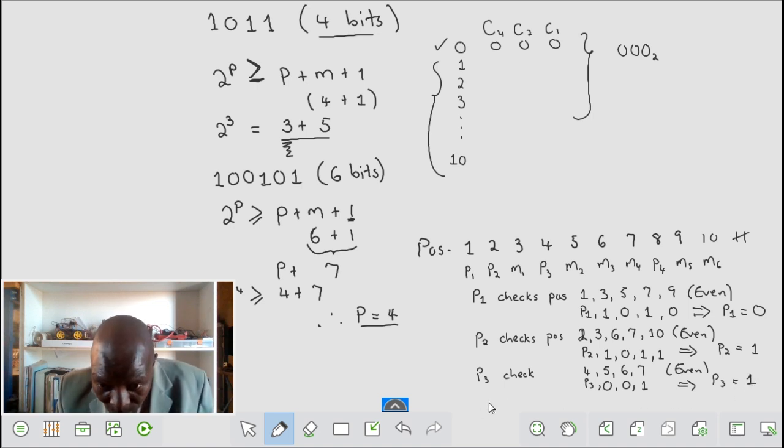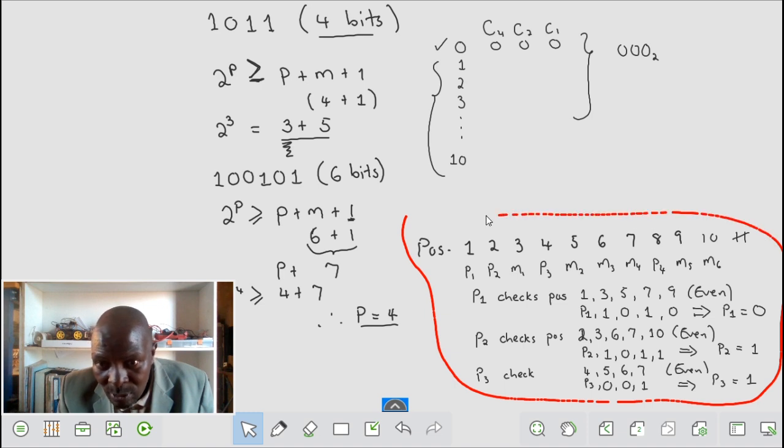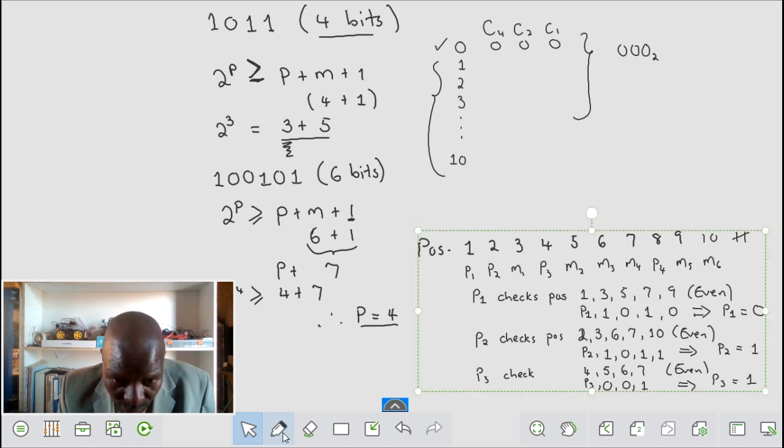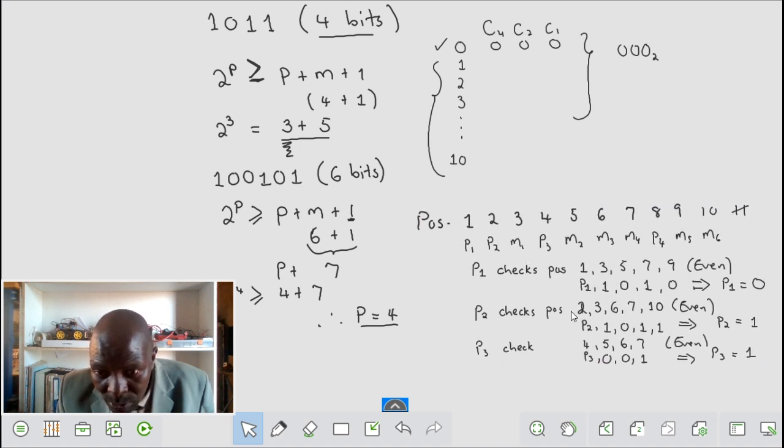Now let me just move this whole lot, I moved it too deep last time. We need to do the last one, P4.